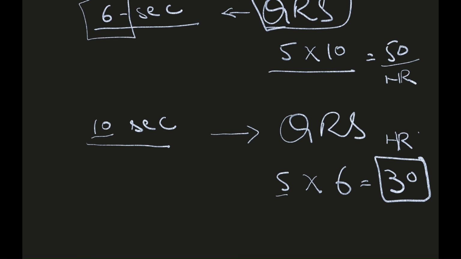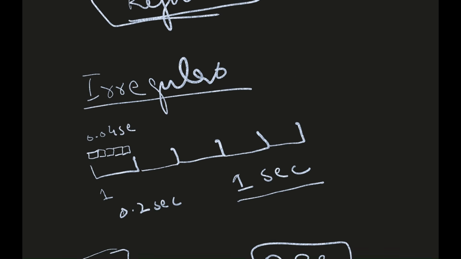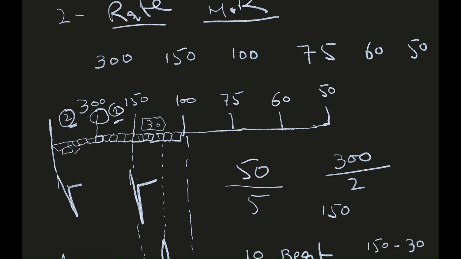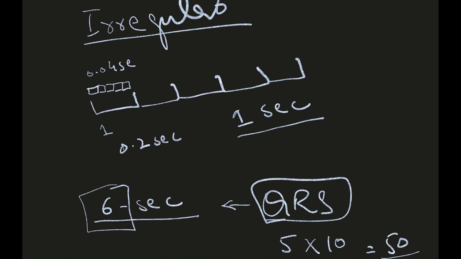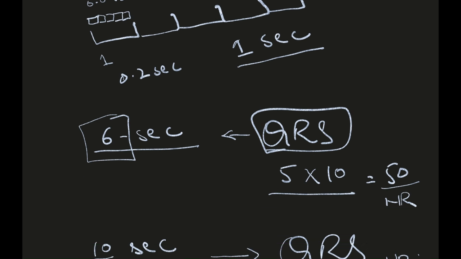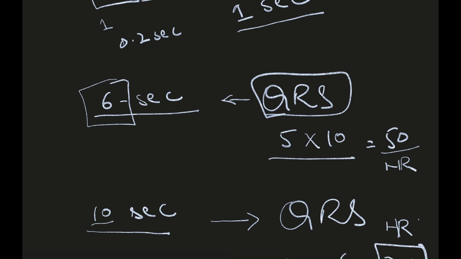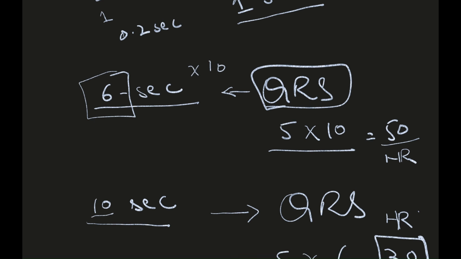So if the rhythm is regular, apply this 300, 150, 100, 75, 60, 50 method. And if the rhythm is irregular, take a 6-second strip or a 10-second strip. If you take a 6-second strip, multiply by 10.